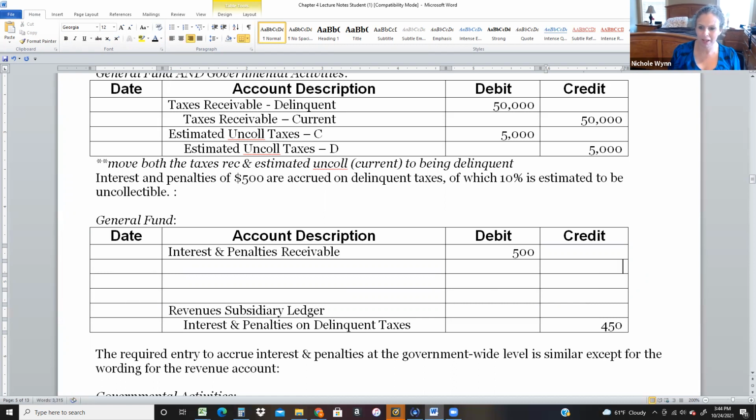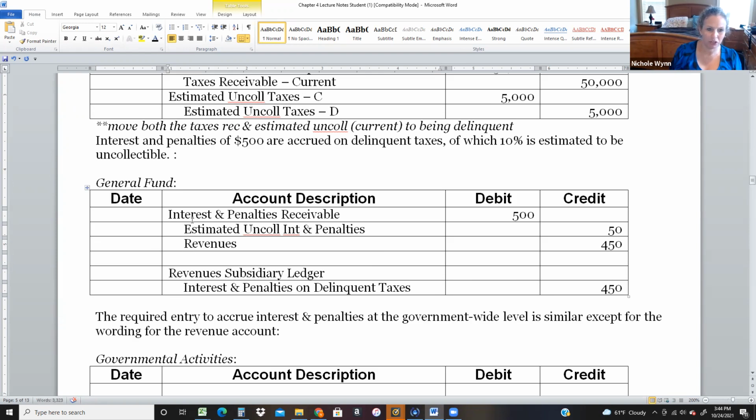But we don't think we're going to get 10% of it, which is 50, right? And so that means we do think we're going to get 450. So this account will be called estimated uncollectible interest and penalties. You don't have to do dash current and dash delinquent on your interest and penalties because they're all delinquent, okay? And then this will just be revenues.